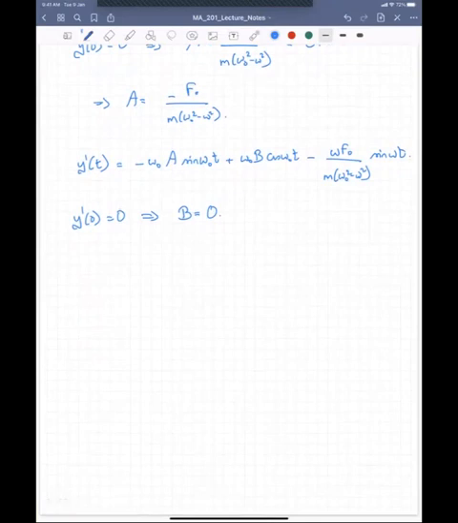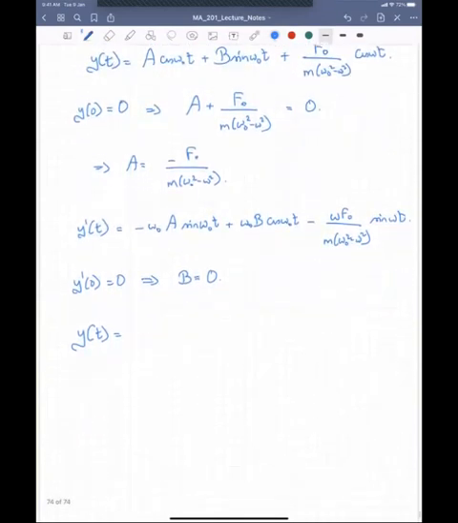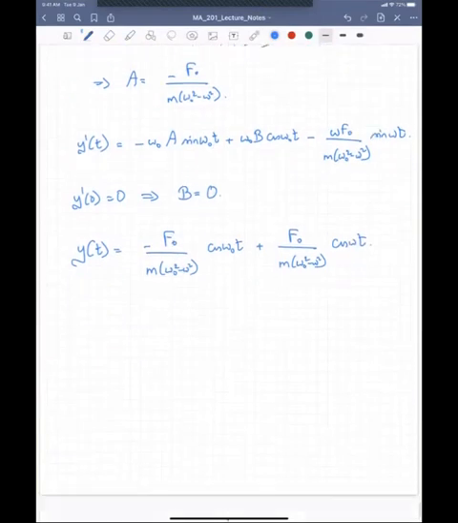So these initial values fix a particular solution for me. And I can write y of t as minus f0 over m cosine omega 0 t plus f0 over m cosine omega t. Okay. So the first part is the homogeneous part.